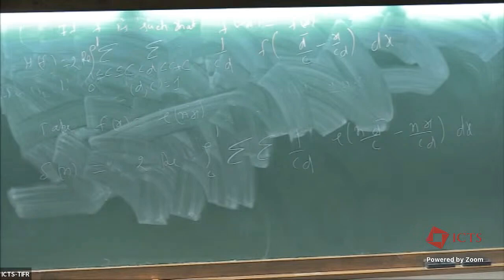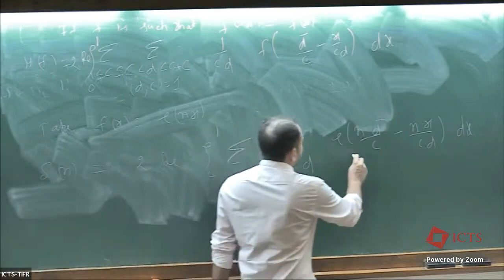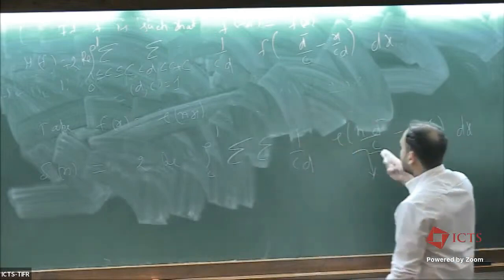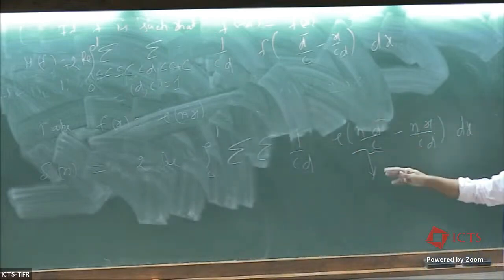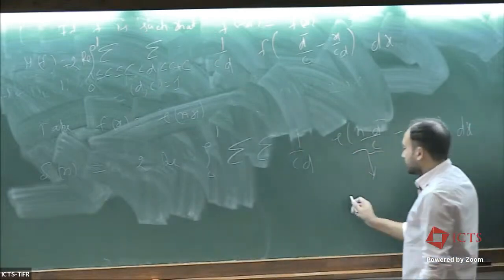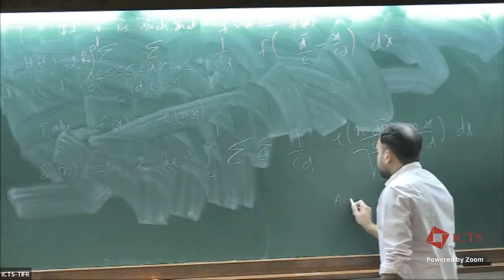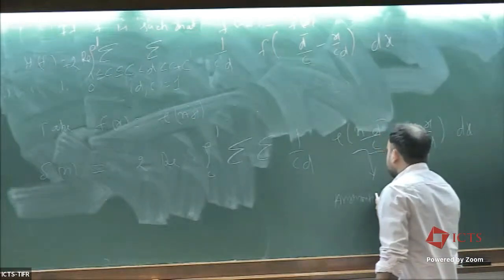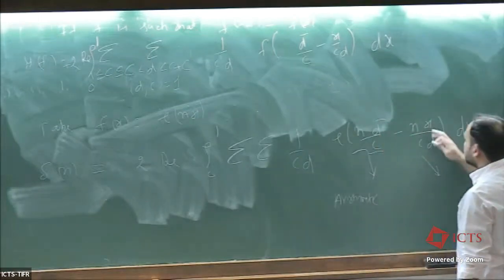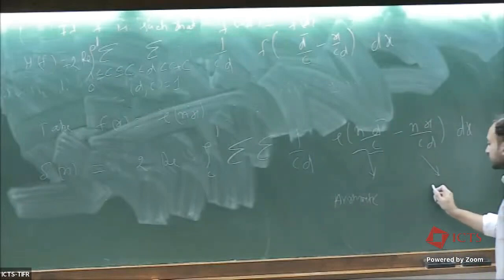Okay. So this part, because all these things are arithmetic objects. n is an integer, d is an integer, c is an integer. They are called arithmetic. This part, since x can vary over the real numbers, is called analytic.